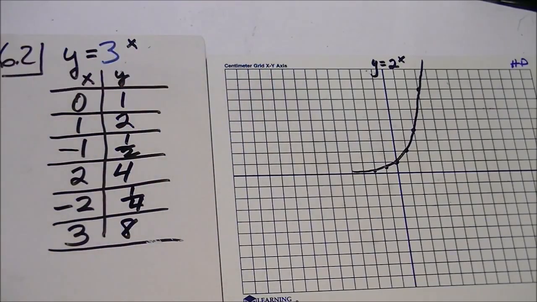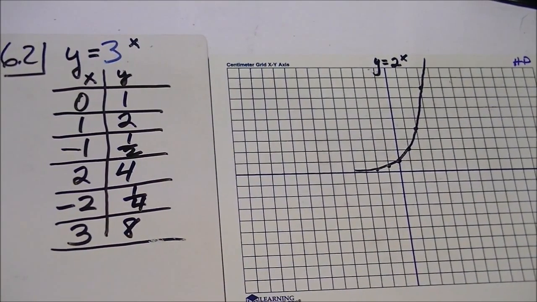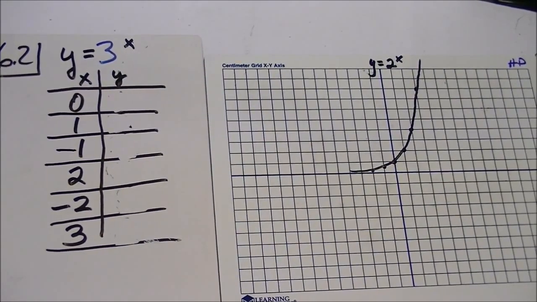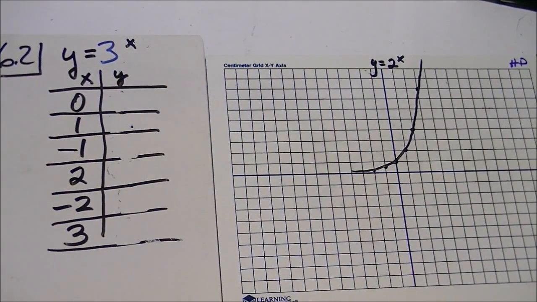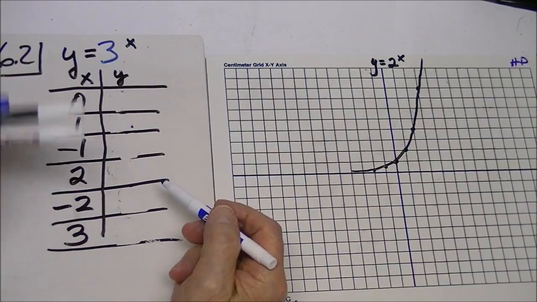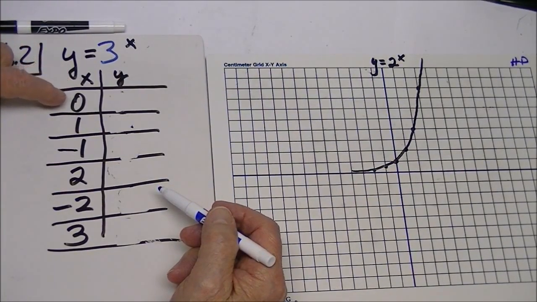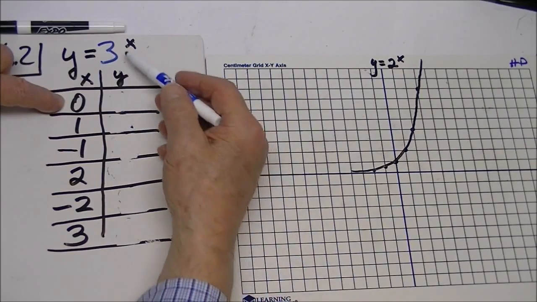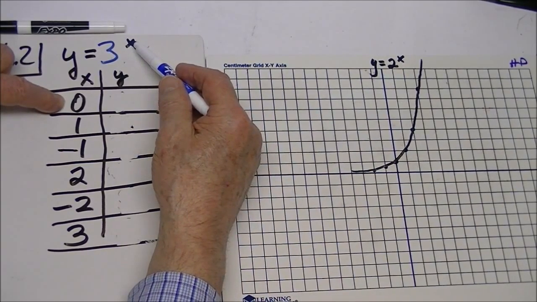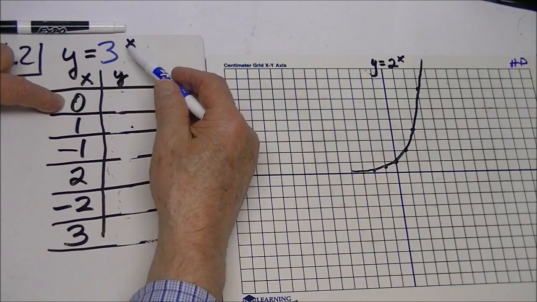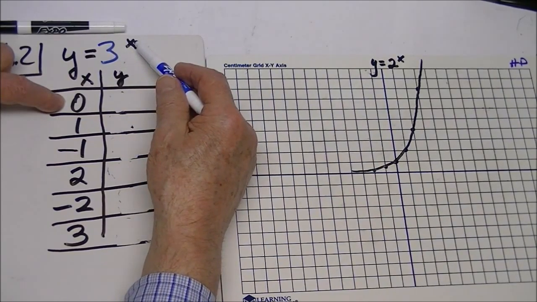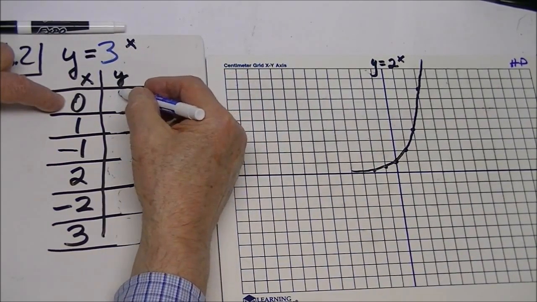So let's put in some new values here. Now I just erased it a little, and let's go on. So if x is 0, we're replacing our exponent with a 0, we have 3 to the 0 power. Well, anything to the 0 power is 1.